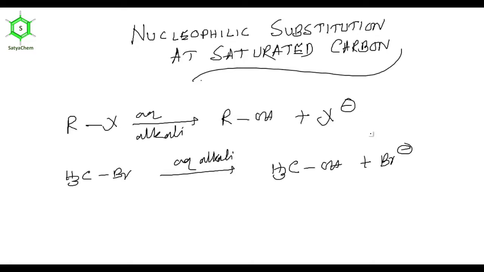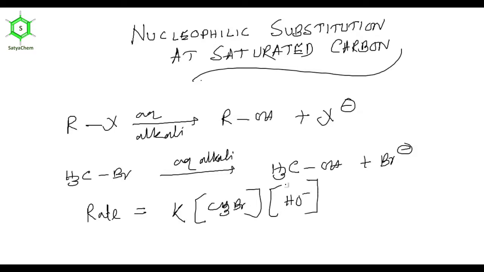Clear? Here the rate law is found to be, the calculated rate equation is: rate equals rate constant times the concentration of CH3Br times the concentration of alkali. Here only the hydroxide ion takes part in the reaction, that is why I am considering the concentration of hydroxide ion.